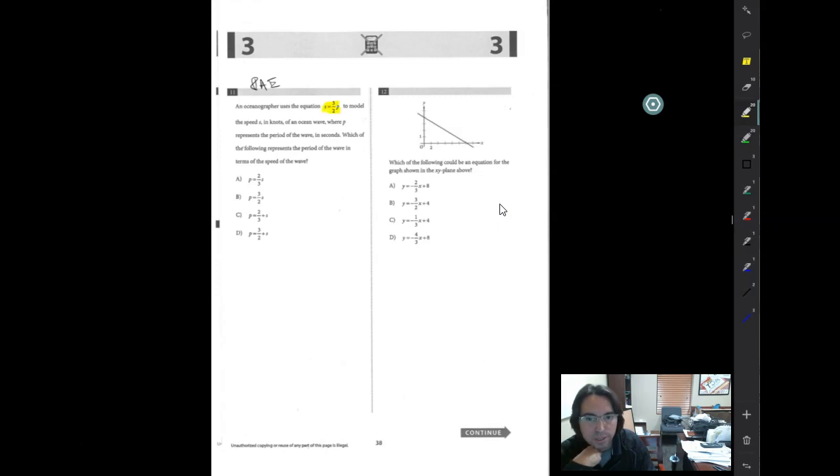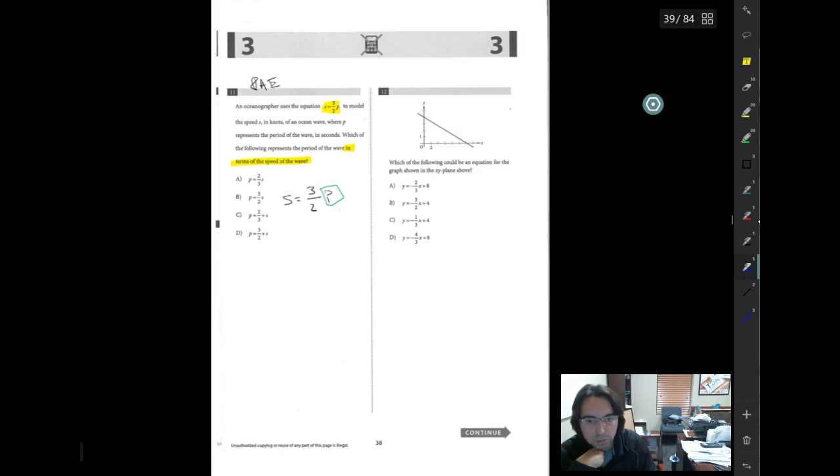Two, it says in terms of the speed of the wave. So in terms of, that's the key phrasing there. So we're saying S equals 3 halves P, and I want P in terms of S. In order to isolate the P, I need to multiply by its reciprocal.